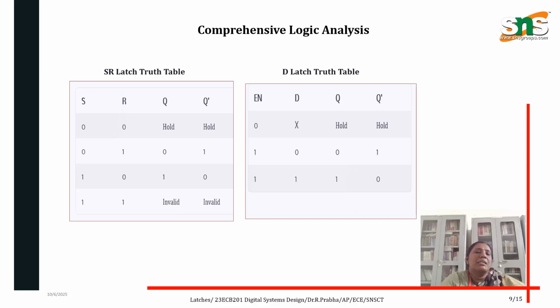When both are 1 in SR latch, it is an invalid state in the SR latch truth table. And coming to D latch, when the enable input is 0, it acts as a memory element, whatever may be the input. But when the enable is 1, if the input of D latch is 0, the output is 0. If 1, the output is also 1.